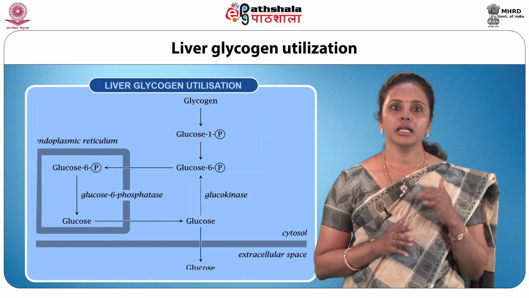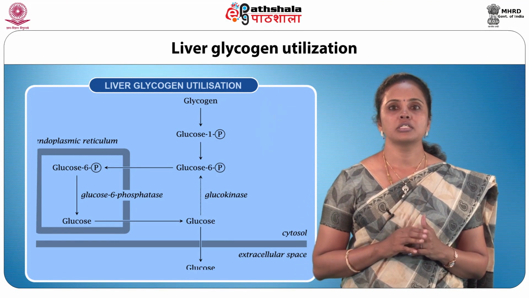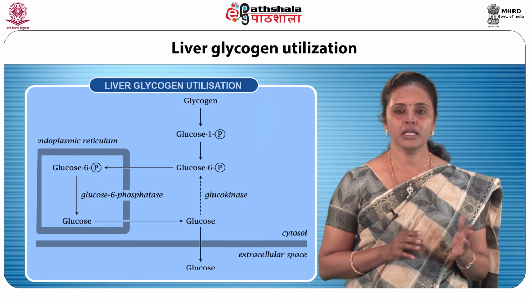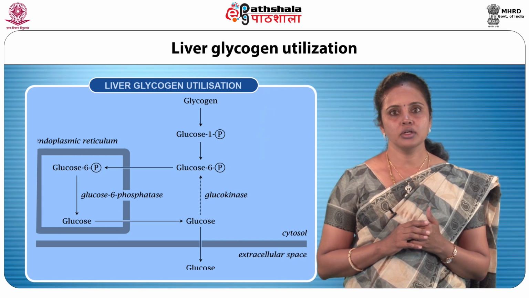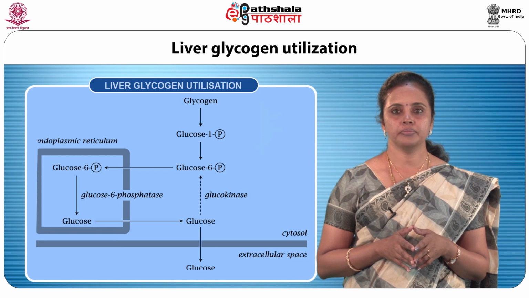Now, coming to liver glycogen utilization. The liver mobilizes glucose from its glycogen store. This is transported to the endoplasmic reticulum where it is dephosphorylated. Glucose is then taken back to the cytosol and released into the bloodstream.